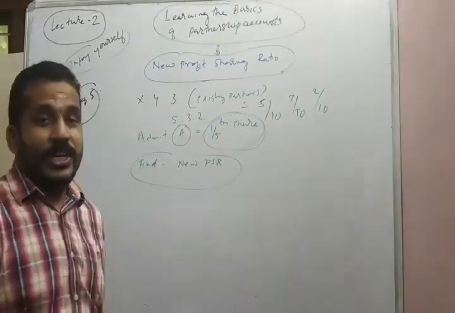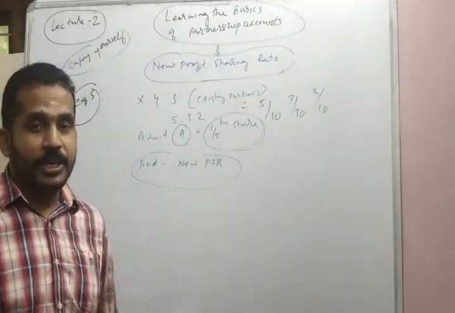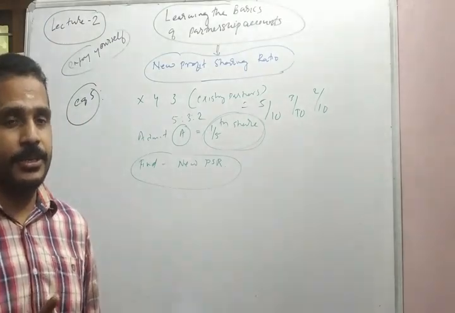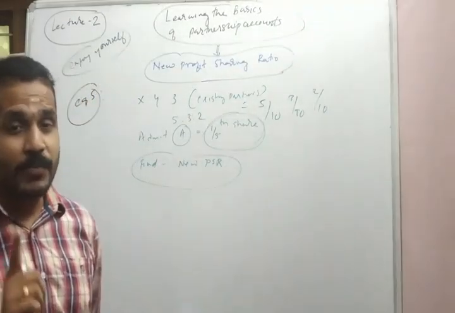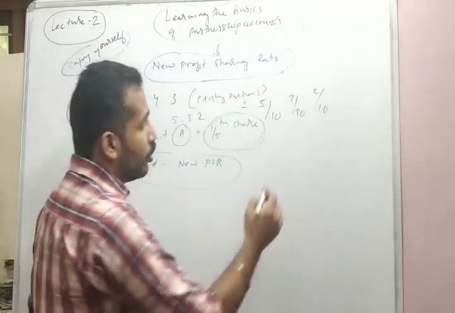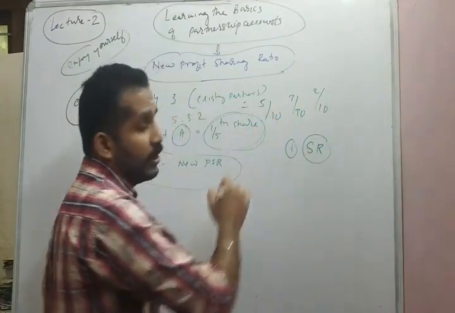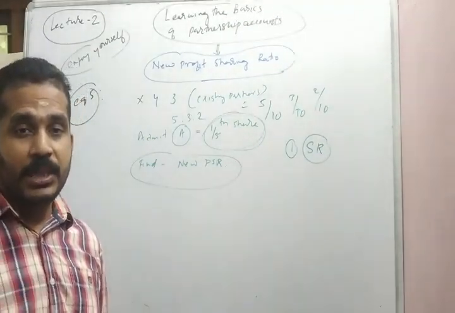So in this situation, how will we compute the new profit sharing ratio? I already pointed out an important point for computation of profit sharing ratio in the case of admission. What is that? You should analyze whether the sacrificing ratio of the existing partners is given in the question.